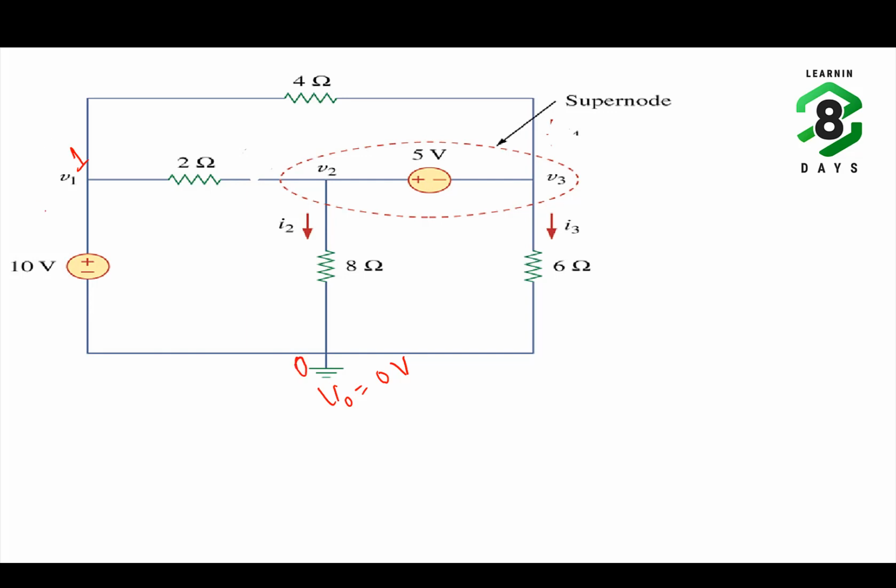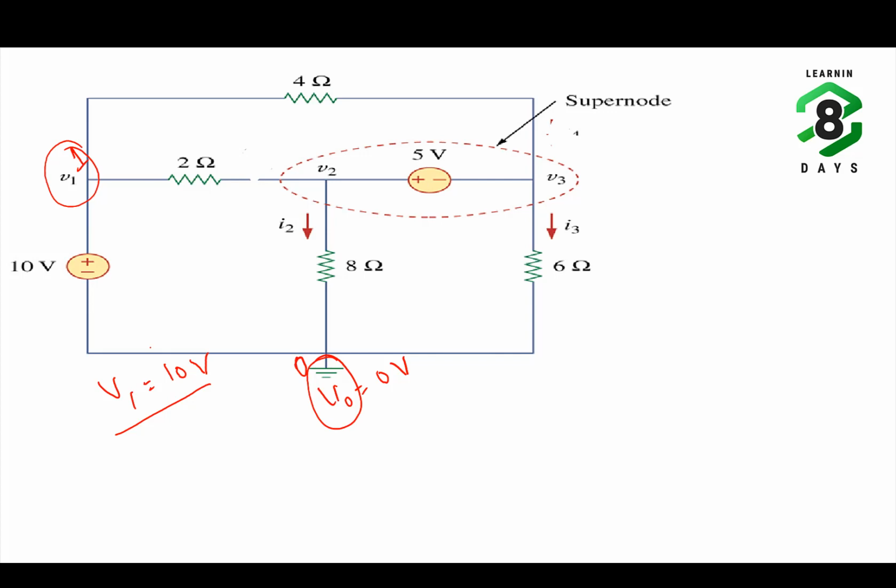So directly you can get the V1 value as 10 volts. So when a direct voltage source is connected between one non-reference principal node and the reference principal node, no longer is that principal node voltage unknown, we can directly calculate it, as in this case V1 equals 10 volts.